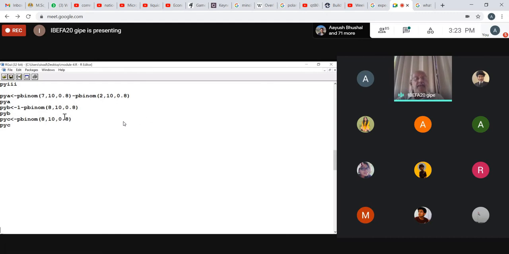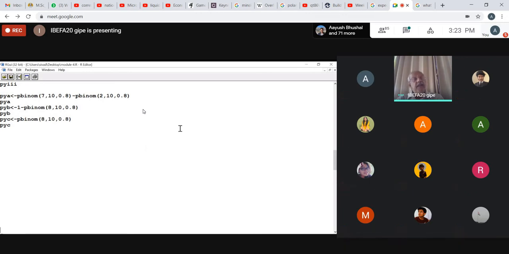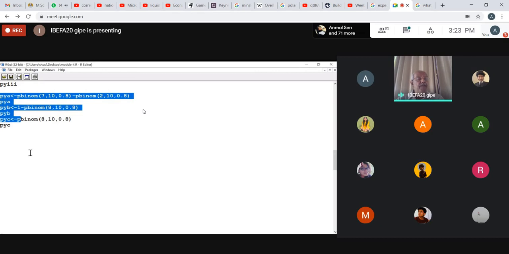The total minus this will give you the answer. Greater than 8 means 1 minus less than or equal to 8. Less than 9 means up to 8. So using P binom, you can compute the probability.